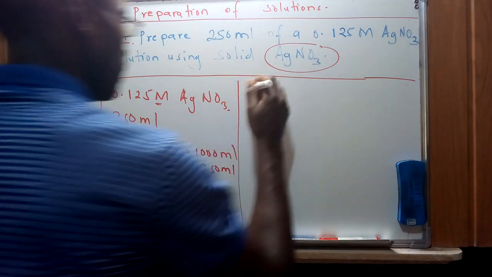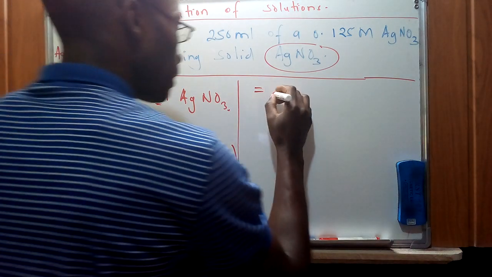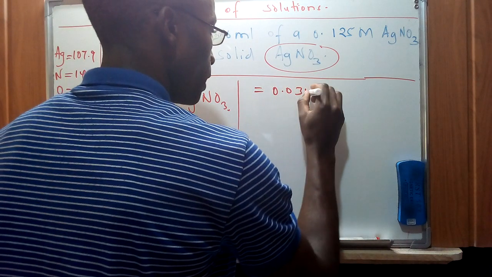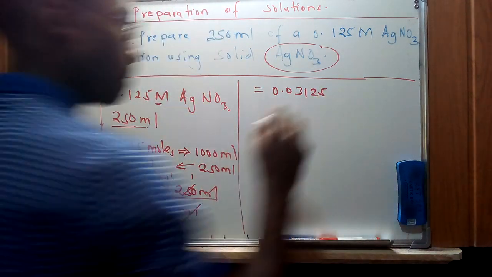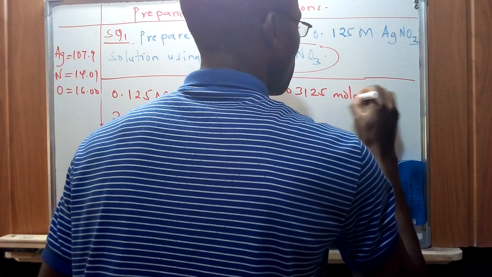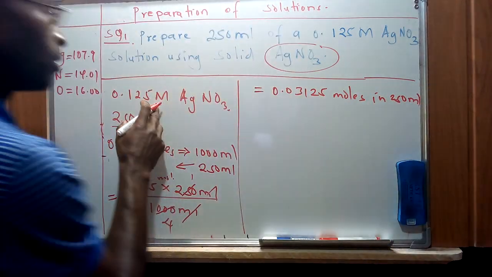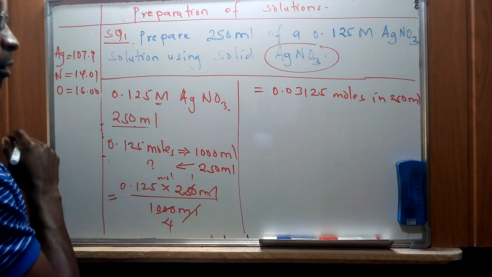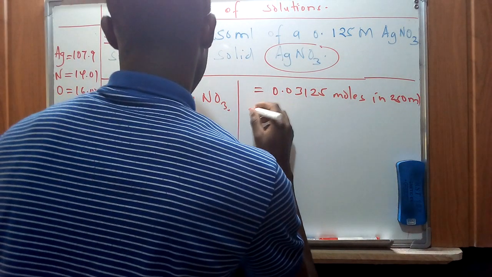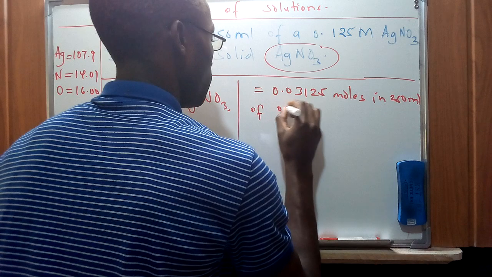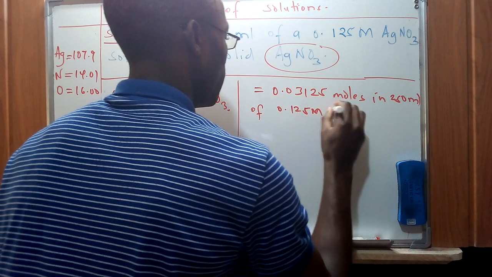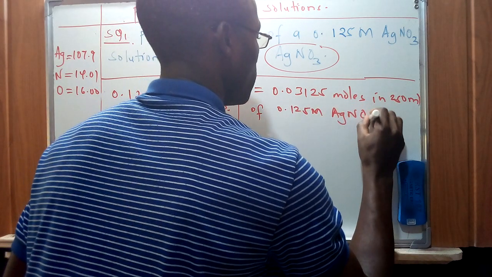So this one will give us 0.03125 moles in 250 ml of this particular 0.125 molar silver nitrate solution.